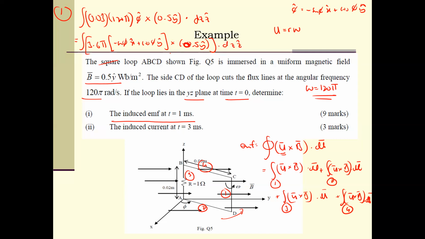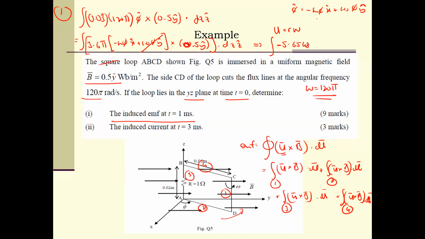Based on this, we can see that the term of cos phi of y will be cancelled out because the cross product with the y direction will give us 0. So we only have a cross product between the x unit vector and the y unit vector, which will give us negative 3.6 pi multiplied with 0.5, and this value will give us negative 5.6548.